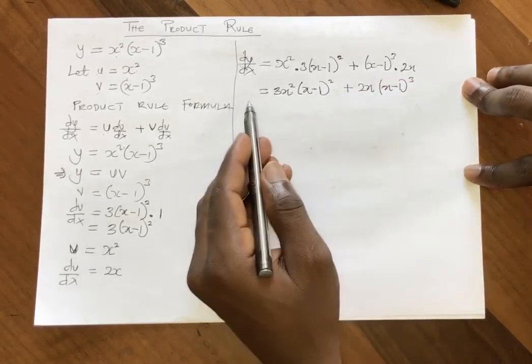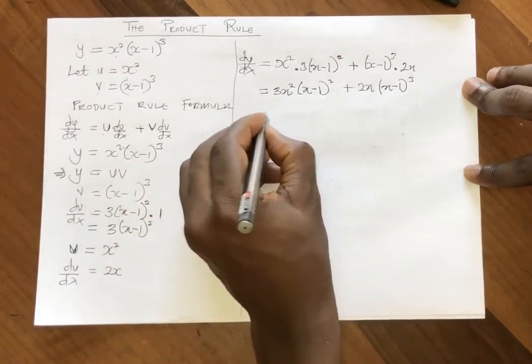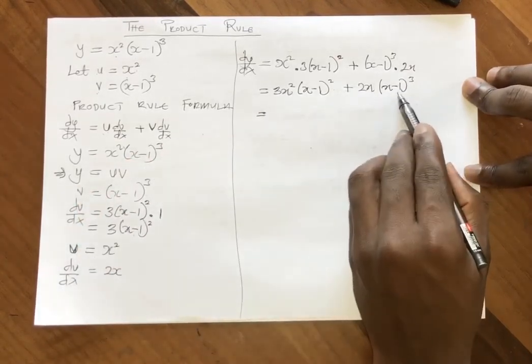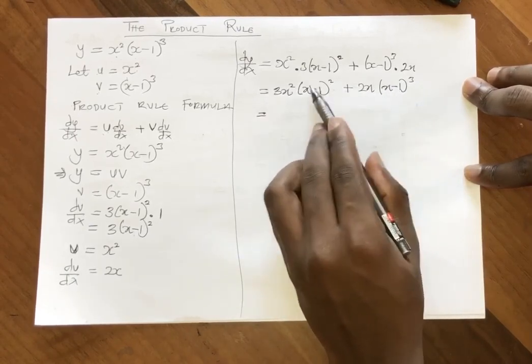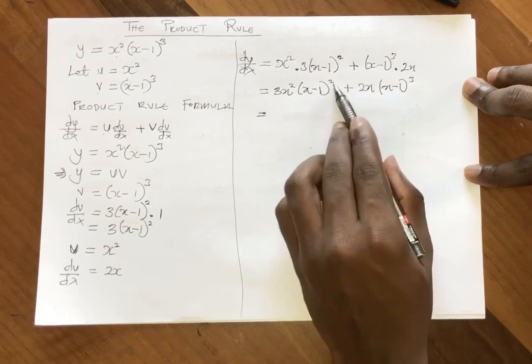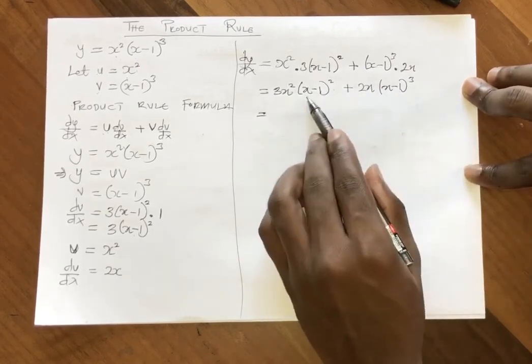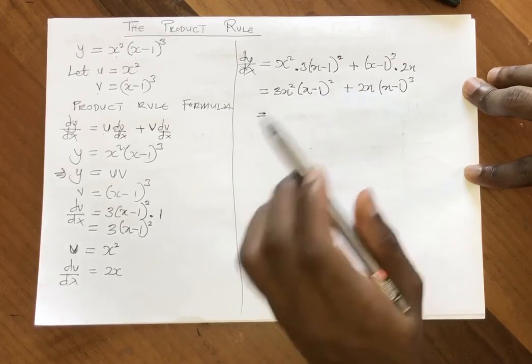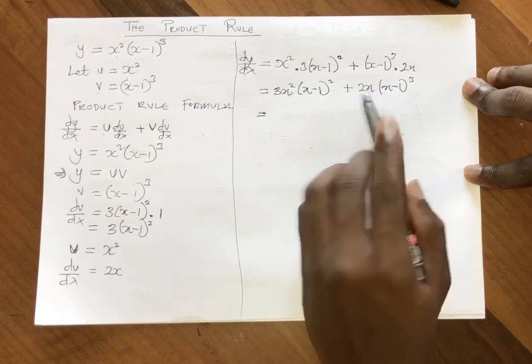So this would be fine, but if you want to further solve this, it's allowed. Why not? You can factor out (x minus 1) raised to the power 2, since the other term has power 3, so that's a common factor. Also, you have x and x squared, so you can factor out x.